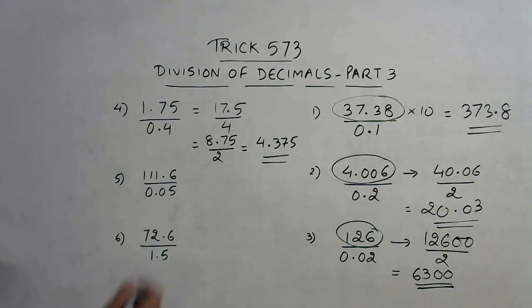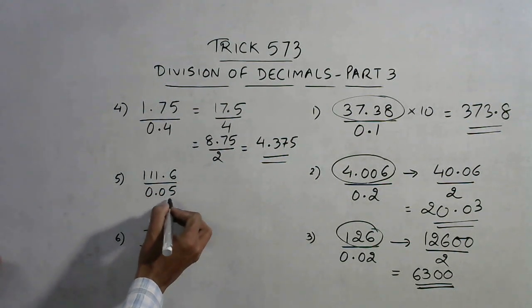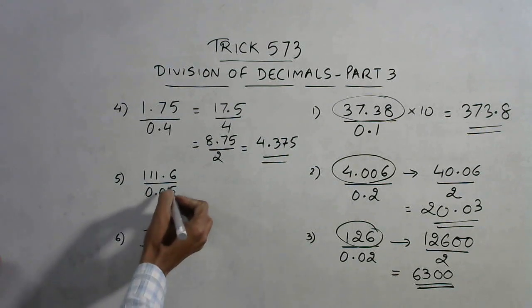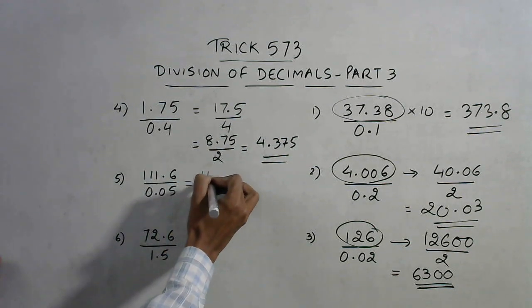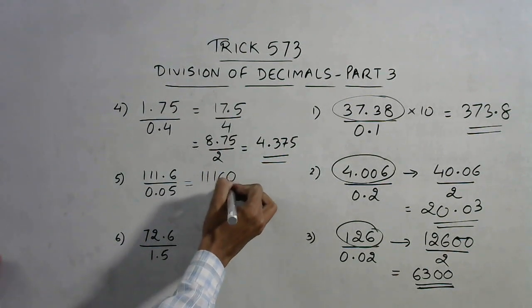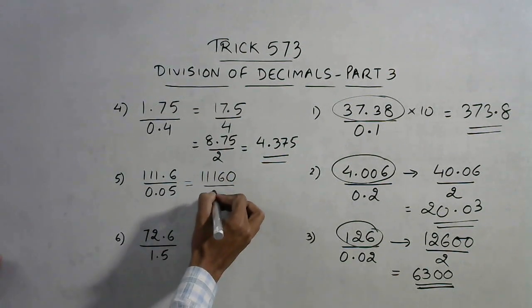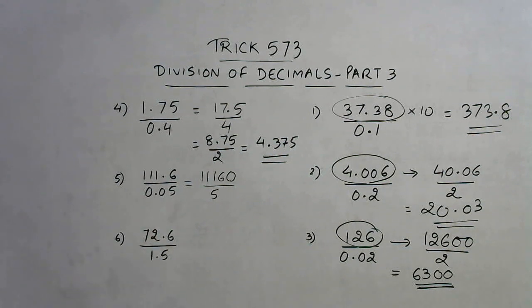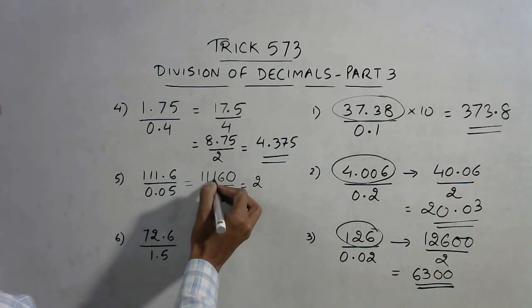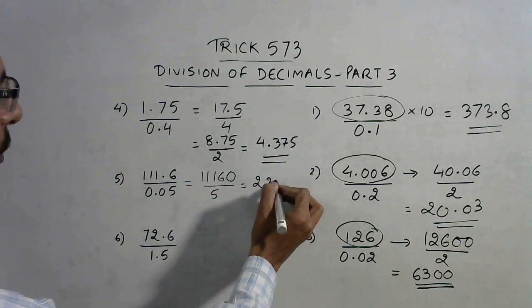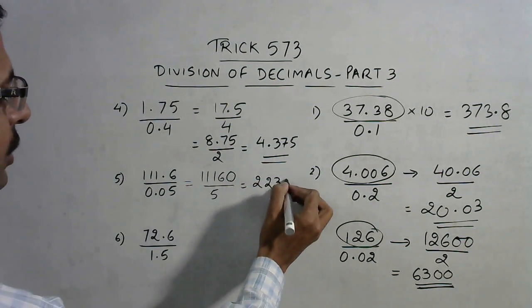So let's say 0.05. Now in 0.05 we have two digits after the decimal place. So we shift the decimal two digits toward the right. So this becomes 1116.10, and in the denominator we have this 5. Now division by 5 can be very simple. This is 2, 2 again, 3 and 2.